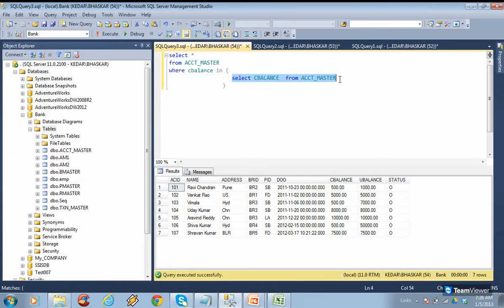But in a correlated subquery, the outer query will be executed first, then the result is passed to the inner query, then the inner query will be executed again and again. So this is the difference between a correlated subquery and the normal subquery. Clear? So in a normal subquery, the inner query will be executed first, then the outer query. But in a correlated subquery, the outer query will be executed first, then the inner query. Okay. So this is similar to a loop in a loop.